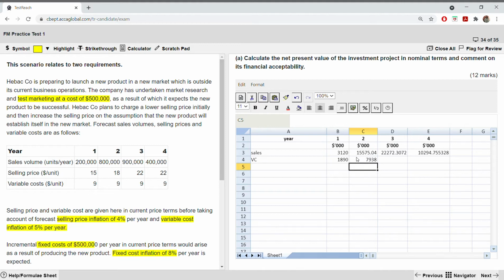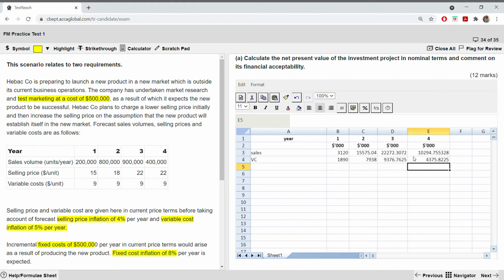So third and fourth year also you'll be able to do. It is 9 multiplied by 900 multiplied by 1.05 to the power 3. Next we have 9 multiplied by 400 multiplied by 1.05 to the power 4.